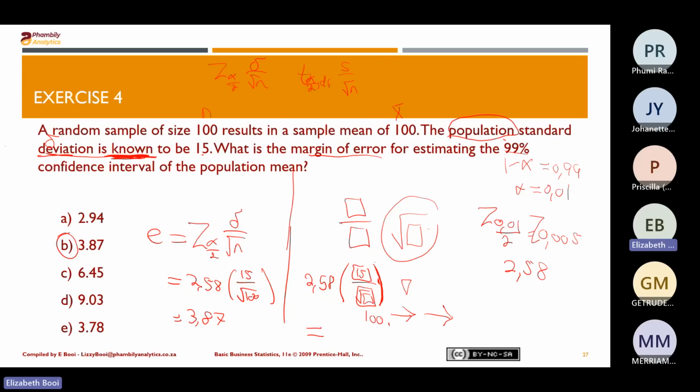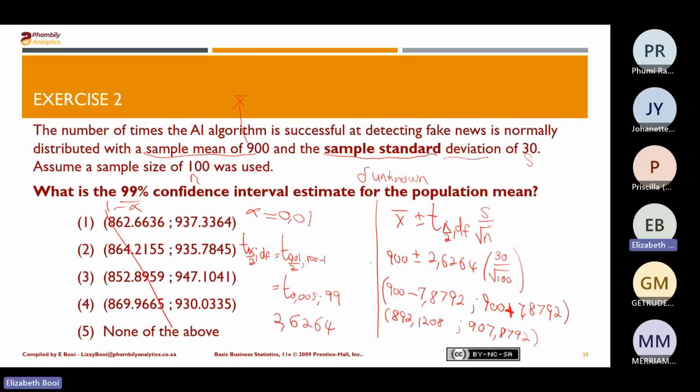They will either give you the population standard deviation or they will give you a sample standard deviation. Can you see there? Yes. They will say from the sample, the mean is this and the sample standard deviation is this, then you know that that is from the sample.